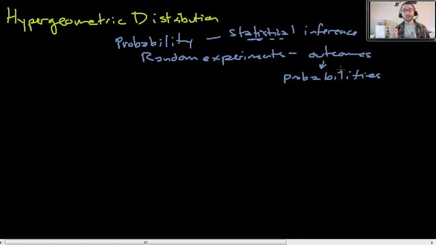Another one is the relative frequency method, where we look at what's happened before and assign the relative frequencies. Another one is the subjective method, where we try to guess based on our best belief. And then in addition, we can model these things, and that's where we are today. We're modeling probabilities. And so today we're going to look at the hypergeometric distribution.